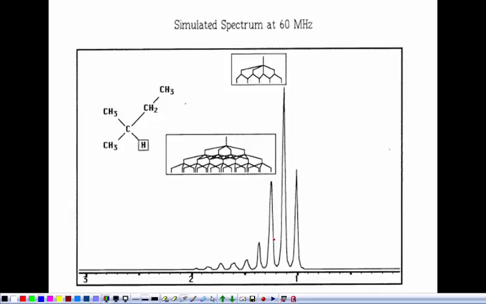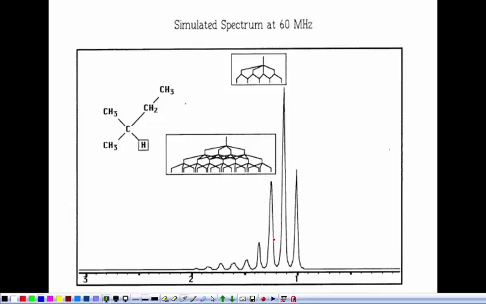But if I was to take this on an older 60 megahertz instrument, where the magnetic field is only 1/6, these peaks now would have less hertz difference between the two. Chemical shift would be the same, but the hertz difference would be less. And if the distance between the peaks becomes approximately the same as the coupling constant, you don't get a nice spectrum like this.